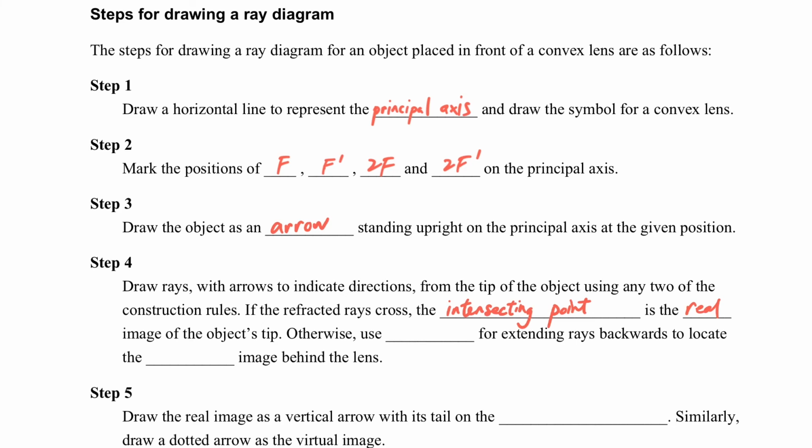The intersection point is the image. If it is real, on the opposite side, we use a solid line. If it is virtual, we use a dotted line and put it on the same side. And finally, we draw the image with the intersection point, which is the position of the image.